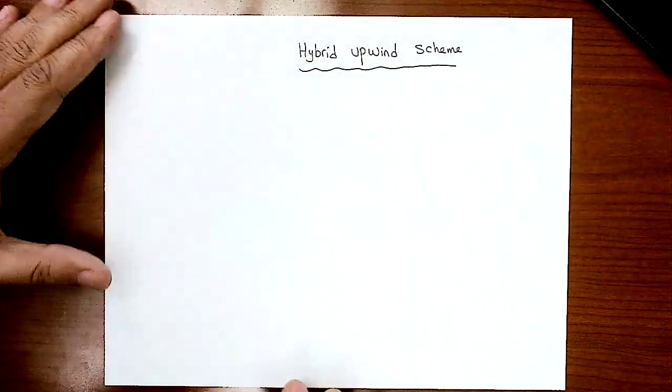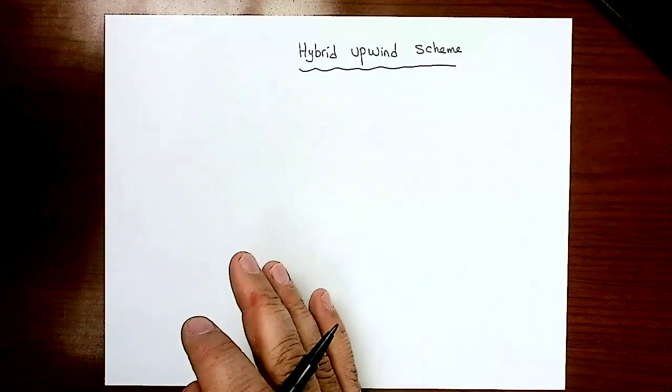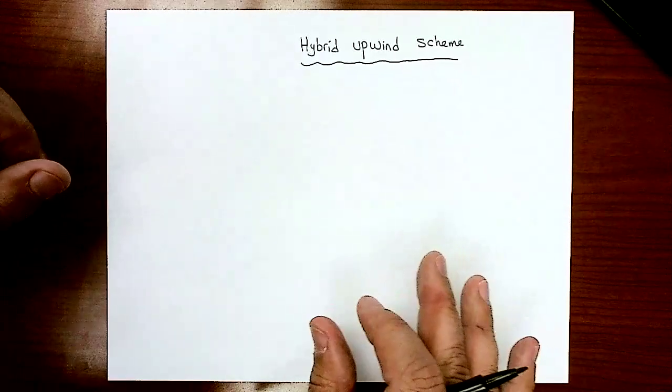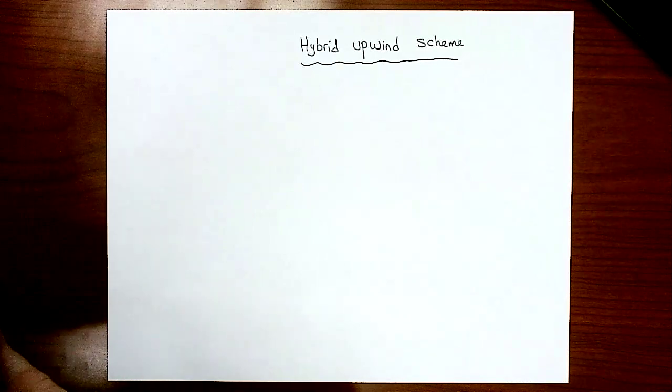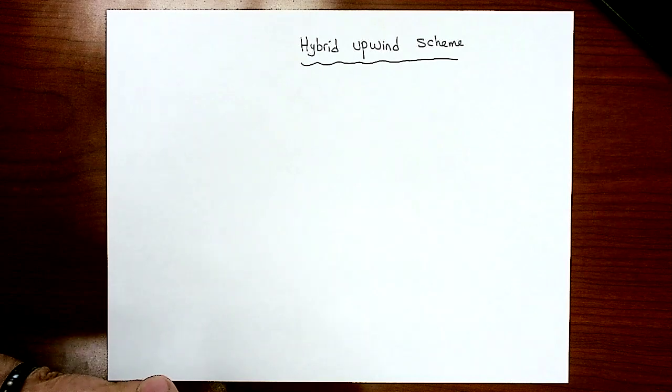I'm going to list what are the characteristics of the scheme, and then I will go into an example. Then I will talk about how to compare the three of them together: the central differencing scheme, advantage, disadvantage, and the Upwind scheme, advantage, disadvantage. Then talk about the hybrid Upwind scheme.